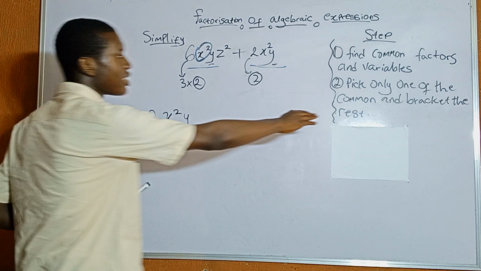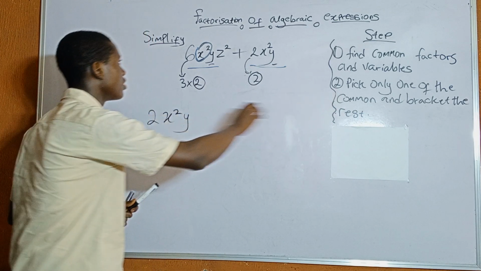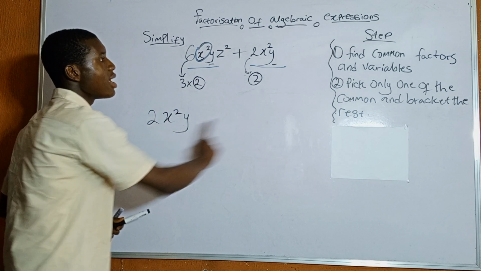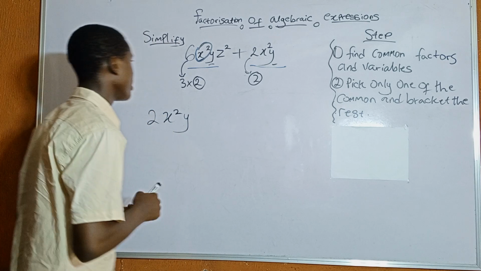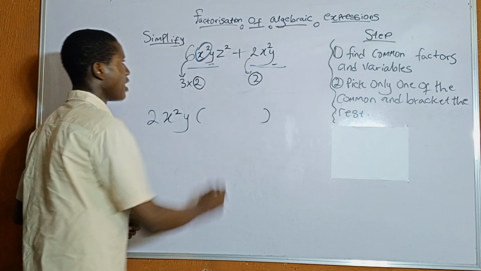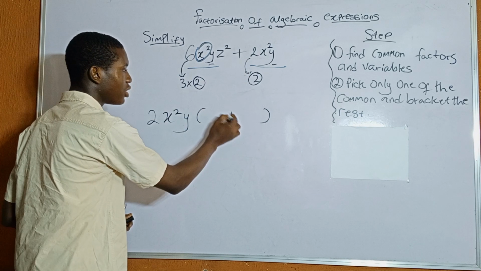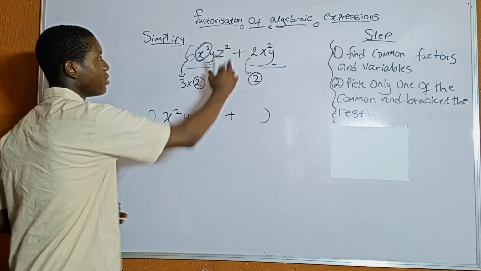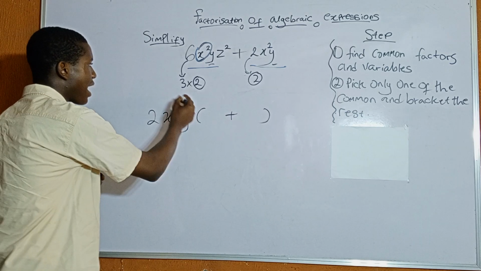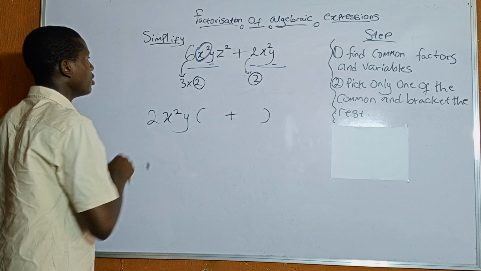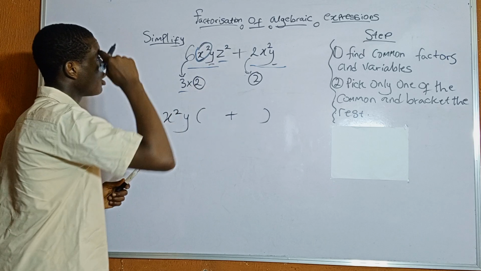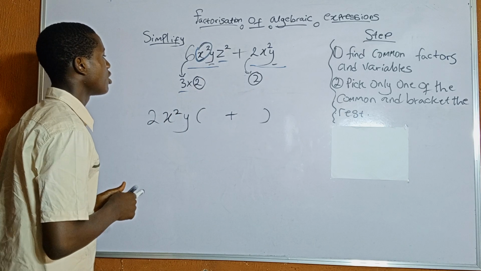So when we say pick out only one of the commons, these are the commons we picked out, right? And then we are going to bracket the rest. So simply open your brackets and put your sign, which is the addition sign, from this expression. Then the uncommon ones. 3 is not common, and z squared is also not common.